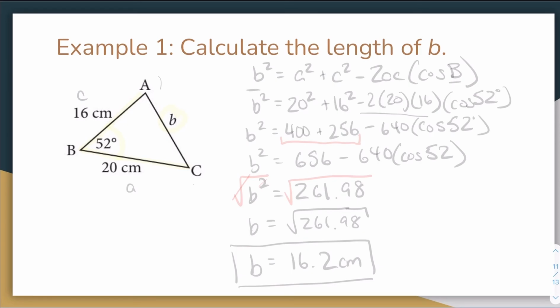In our first example, we're going to calculate the length of B. So I have this side here, I have another side here, and I have the contained angle. That means I can use cosine law to solve for B. Since we're solving for a side length, we'll use the top formula.